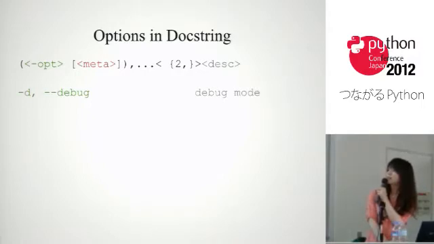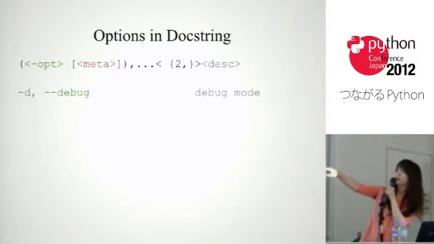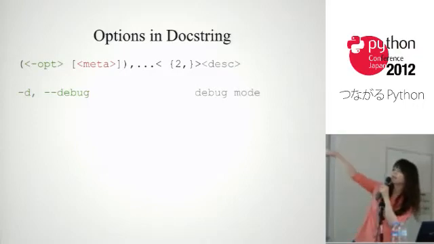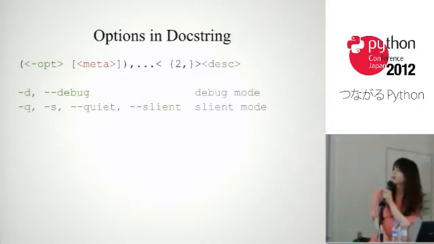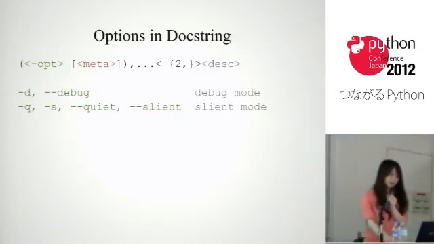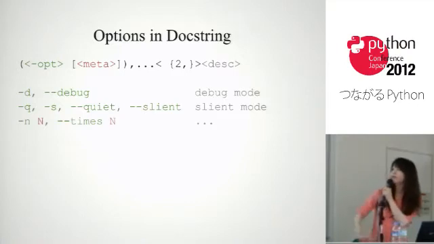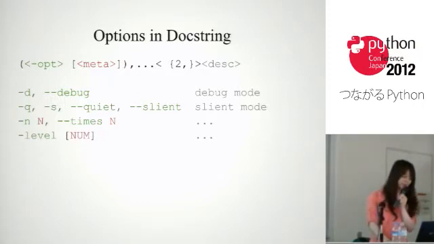Let us see an example. -d, --debug, comment, $debug, and so on. Like this, it has two short options and two long options, and the description. Notice you have two spaces there. And you can use a meta variable, and an optional meta variable.